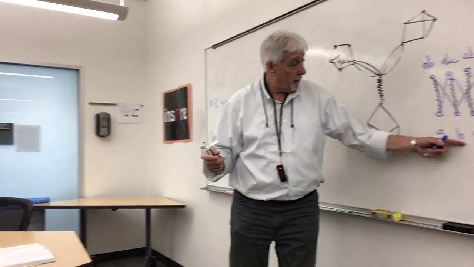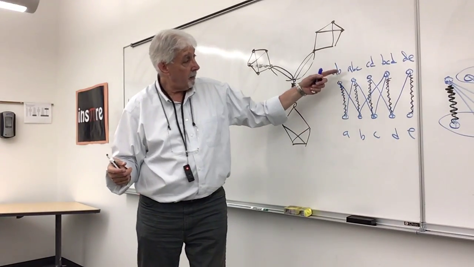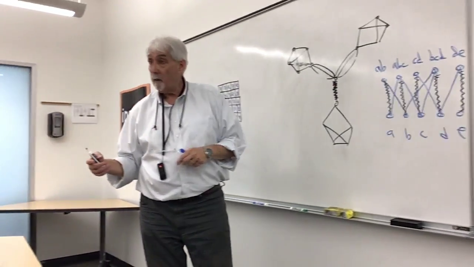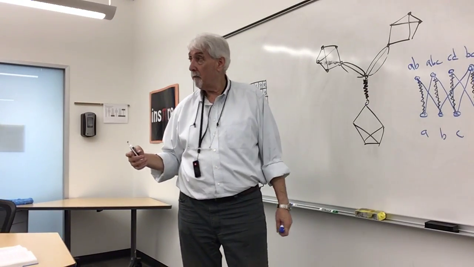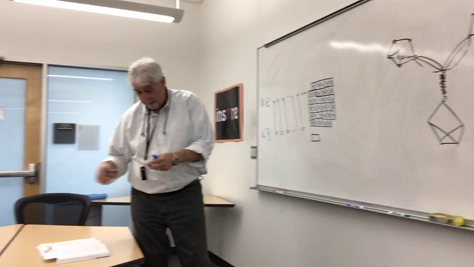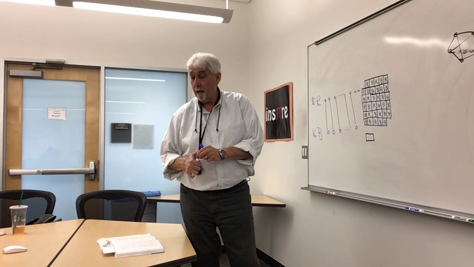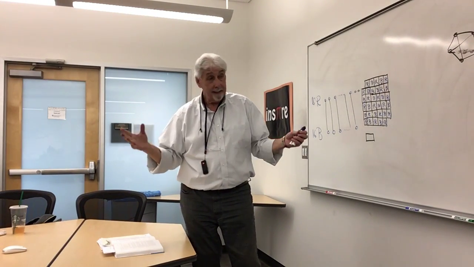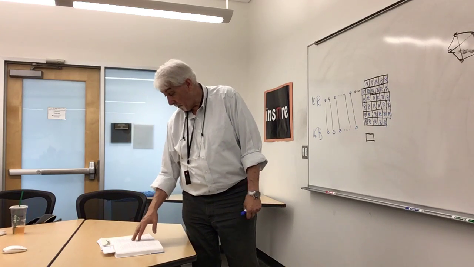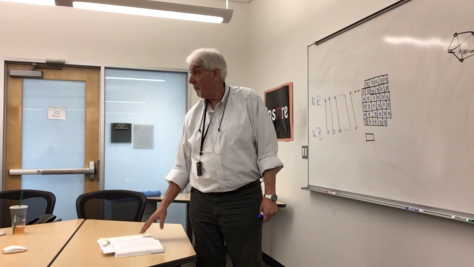When it receives the letter B, it knows that you're sending the word ABC. Okay, based on this matching. So there's another application of matchings, in this case bipartite graphs. Okay? How about number 6?